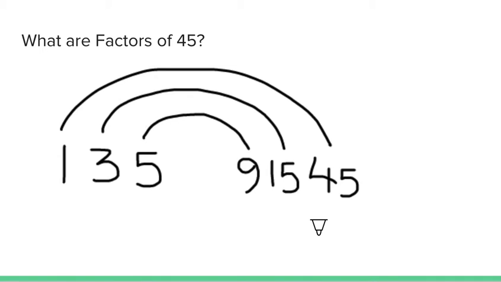In those cases we call those numbers prime numbers. Any other number that has more factors than just 1 and itself, we call a composite number. So in this case 45 is a composite number because it has more factors than just 1 and itself. Hope that makes a little more sense now on what a factor is. Basically, factors of a number are numbers that we can use to multiply to make that number.